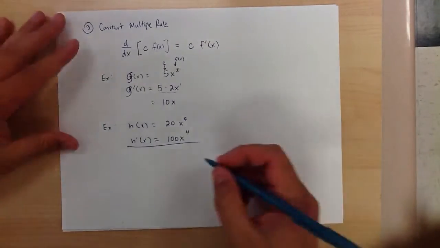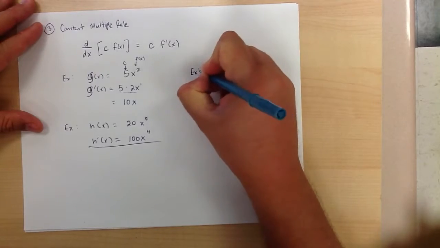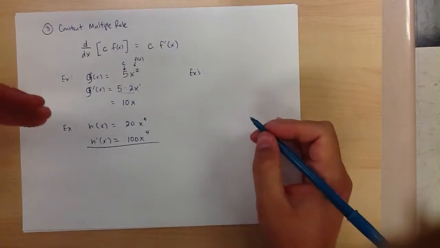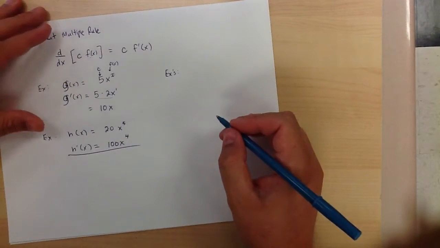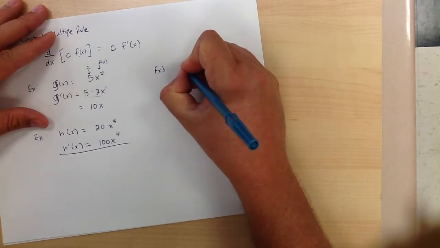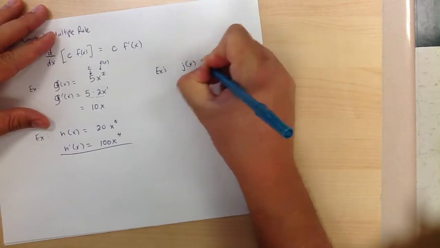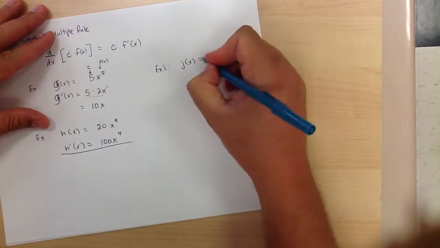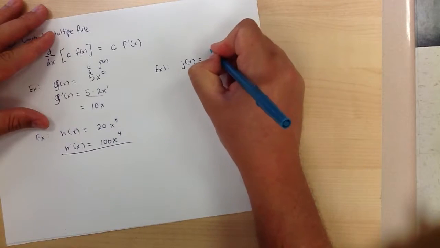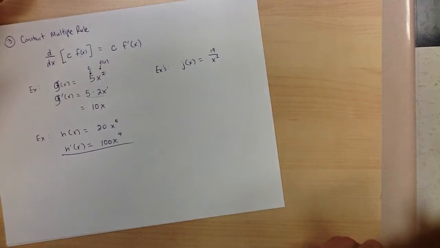Okay, I'm just going to kind of keep going with this for a second. I know the rule makes sense, but I just want to show you more power rule questions. So let's say I have, I don't know, j of x, I'm just making it up now, 19 over x squared.